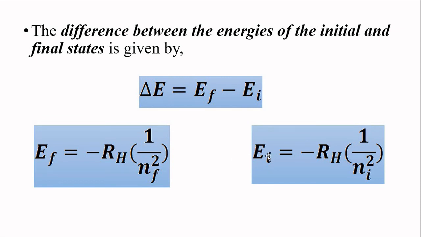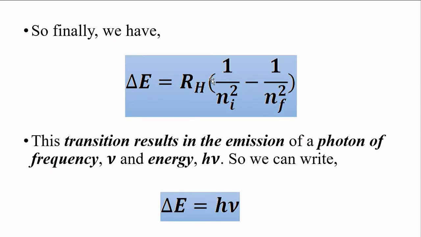And let's say the electron was initially in orbit I, with principal quantum number Ni, the energy is minus RH by Ni square. So the difference between the energies of these two orbits is RH into (1 by Ni square minus 1 by Nf square).